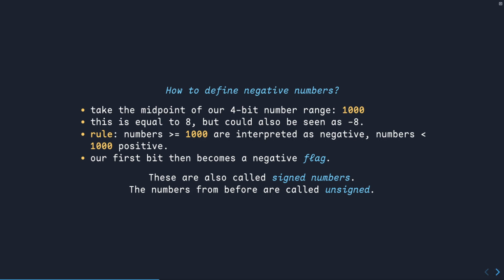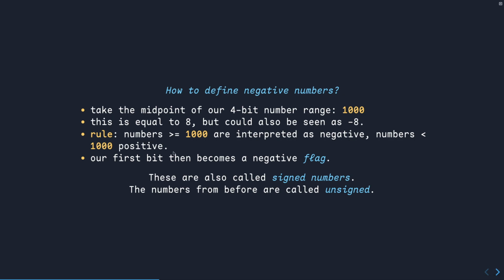So how do we define negative numbers in this case? Because we might be able to do subtractions right now, but we have no standardized way of saying this number is negative and this number is not. And the easiest way to do this is, if you look at our number range right now, it seems like numbers that are above the halfway point act more like negative numbers in addition, whereas numbers that are not are acting more like positive numbers.